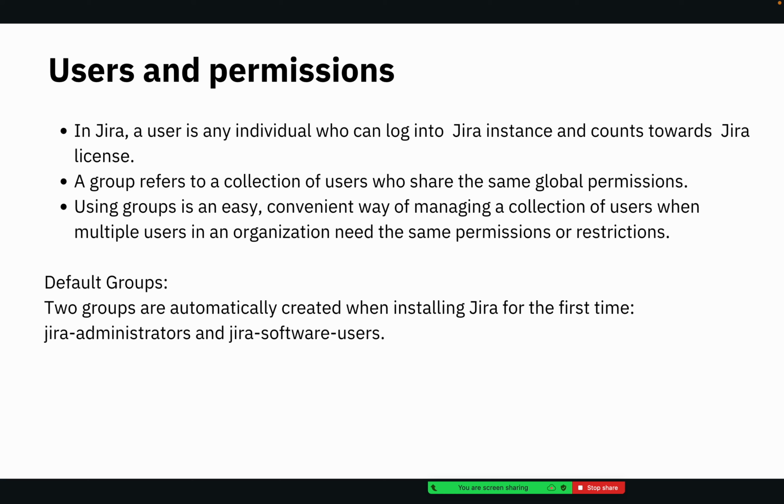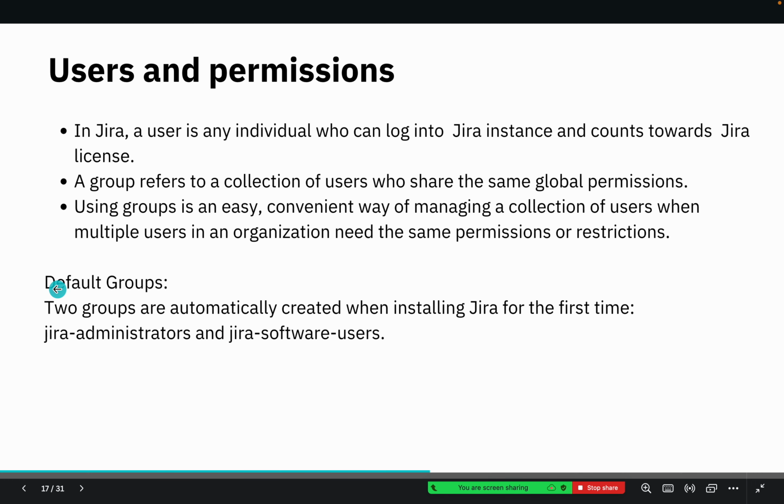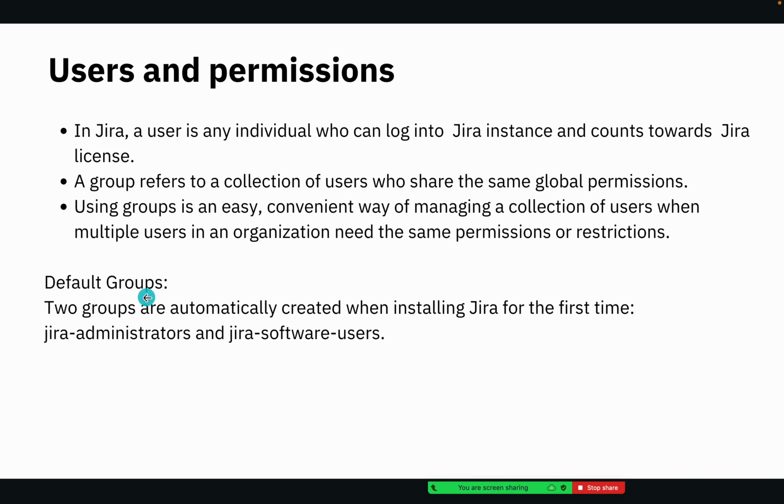Suppose you have created a development group in JIRA with 20 members, and you want to give all 20 members the same permissions. You can put the permission on that group and it will be applicable to all the users inside that group.